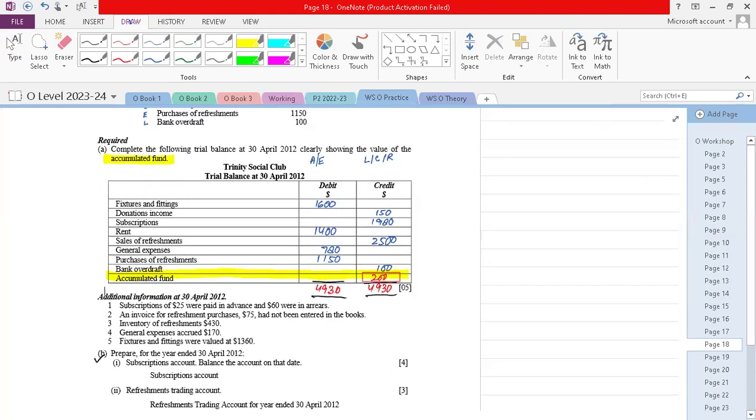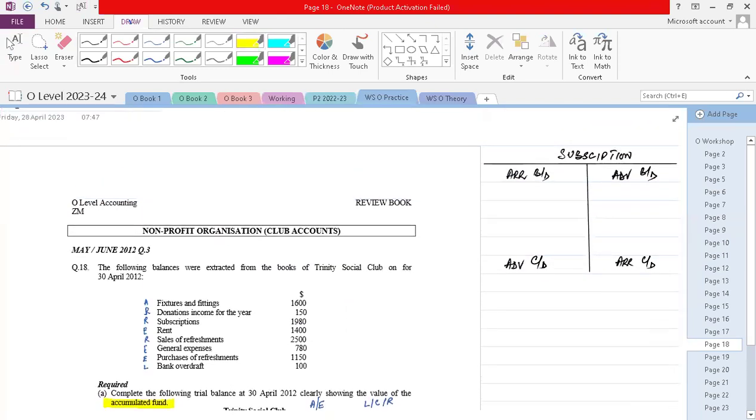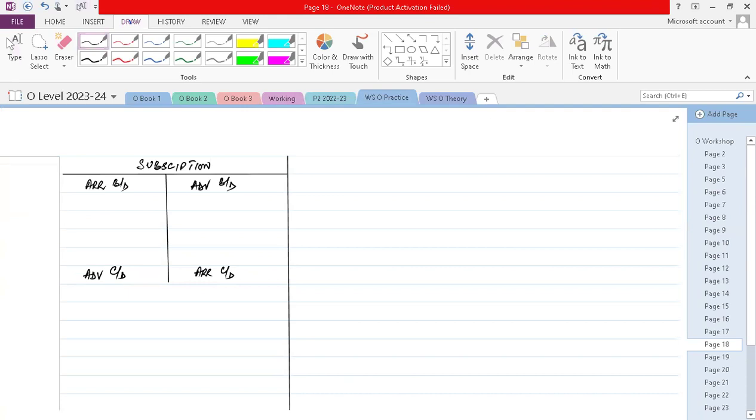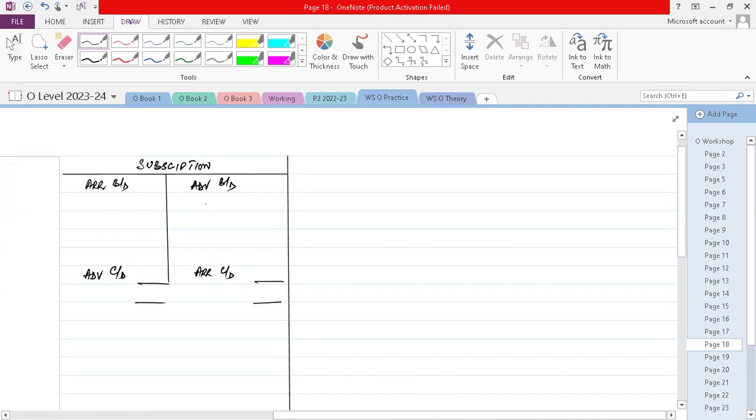Now the next requirement is the subscription account. Here we are going to make the subscription account. Look at the format: arrears brought down, arrears carried down, advance brought down, advance carried down, subscription received.